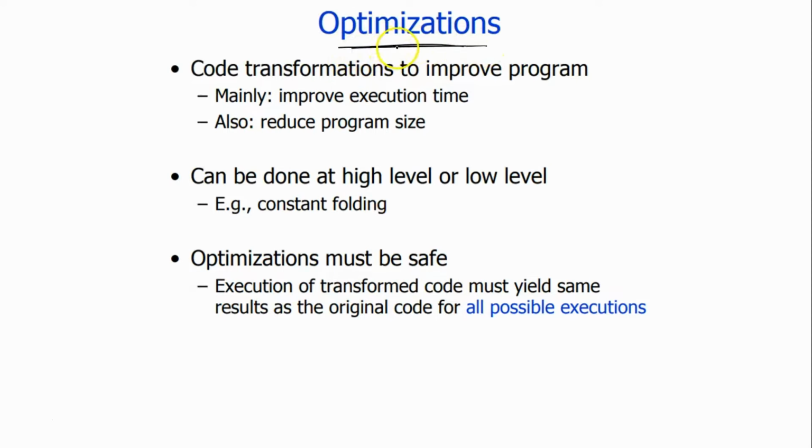What is optimization? Optimization is transforming your program into another program, maybe a shorter program, because if you remove some useless instructions, it gets shorter. Let's assume there is a while loop, running as long as n is greater than 0.